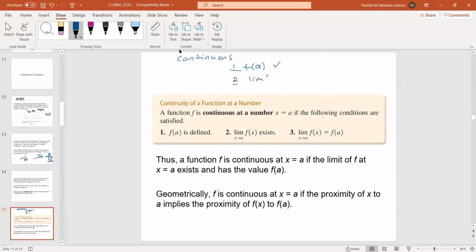Two, the limit of f of x exists. So you see now you connected with the previous talk of the limit. And three, look, this is the important one: the limit of f of x equals f of a, right?